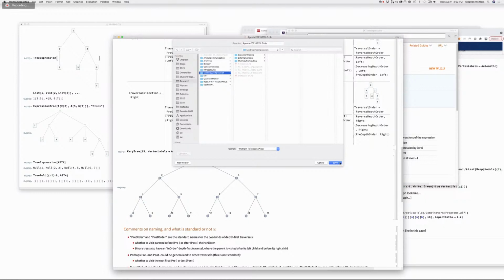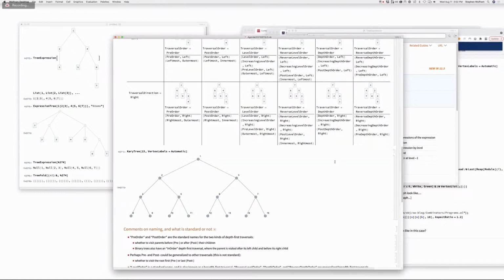I don't really know what to do with this. That's going in my multi-way computation folder, which I suppose I should move into the language design area. Okay. Yep, I got it. You probably have access to that. I'm not sure if you do.